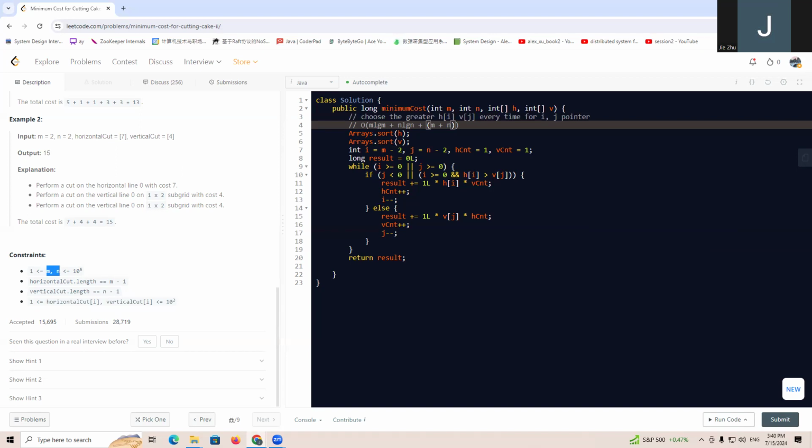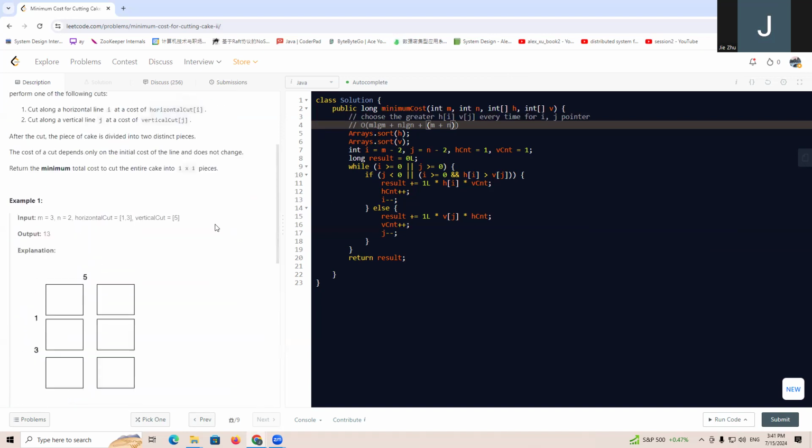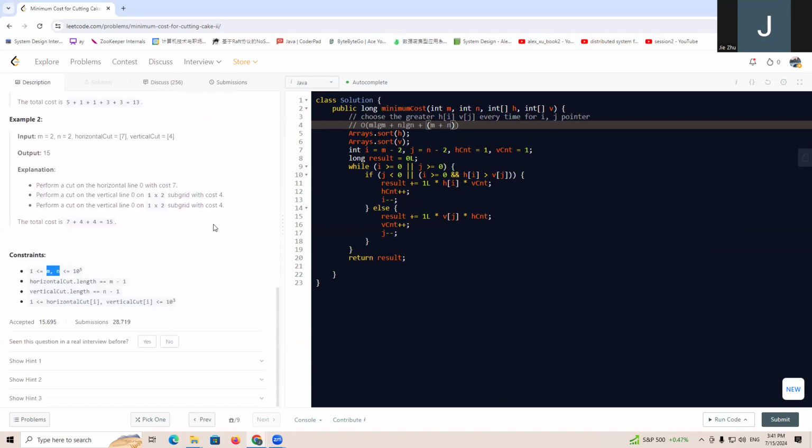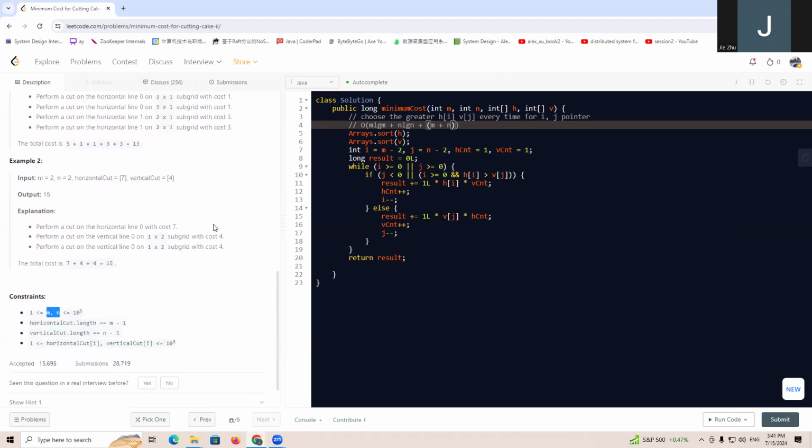So we think for this question we can use some kind of bucket sort to do it. That is, we use two buckets.